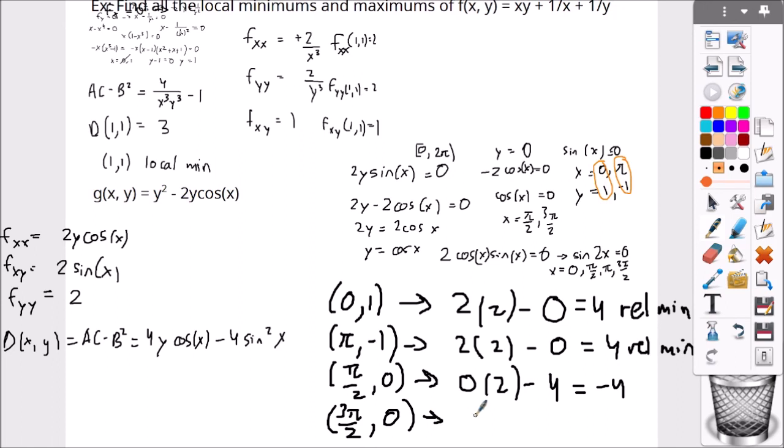And this is going to be 0 times 2 minus 4 as well, because sine of 3 pi over 2 is negative 1, but you square it, so you get 1. That's why I say that b squared is never negative. So that's negative 4, and they're both saddle points.